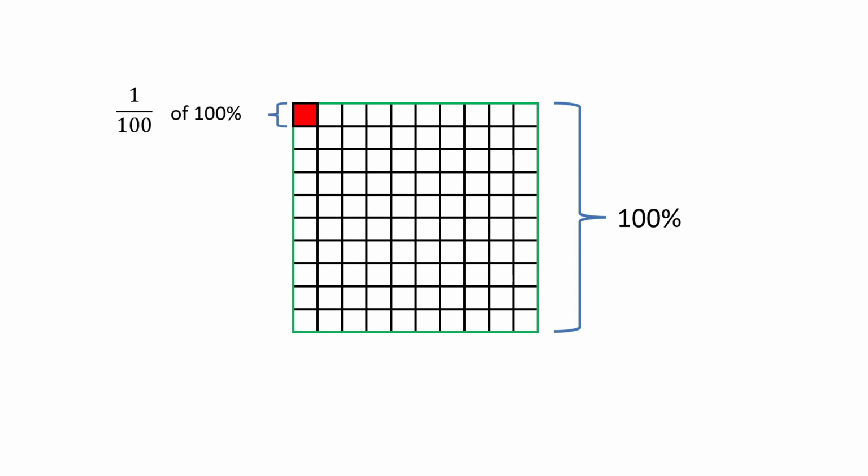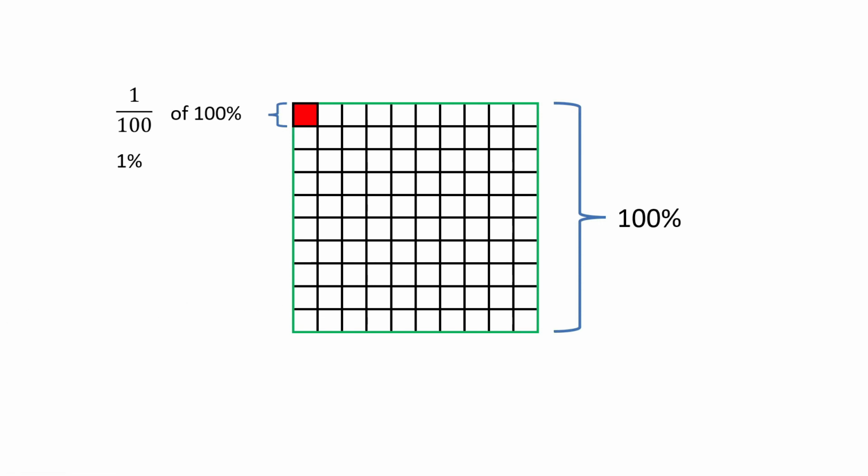We know that 1/100th, or one of these squares, is equal to 1%. That only makes sense, right? If you think about it as just numbers, if we counted each square starting with 1, we'd get to 100 by the time we count each square in each row and get down here. We're at 100 or 100%.